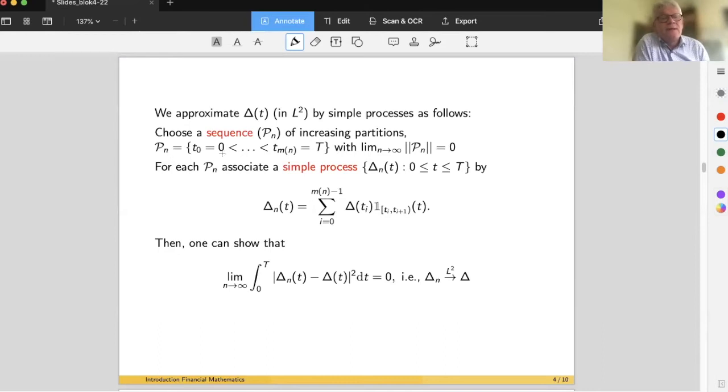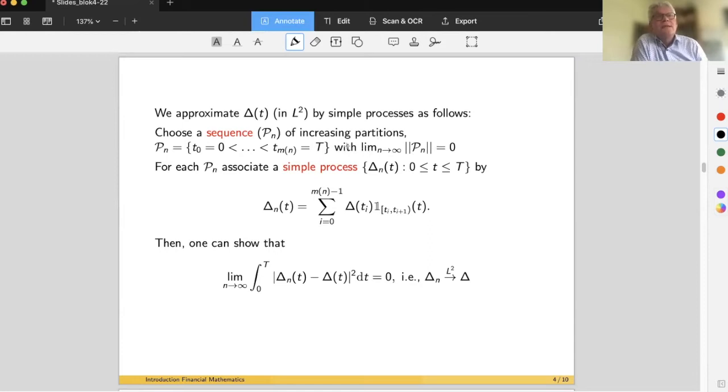So t_0 is equal to 0, less than t_1, etc., up until t_{m_n}, which is equal to capital T. We have these increasing partitions in such a way that we increase the number of points in the interval. If we increase the number of points, then the size of each interval gets smaller and smaller. And in the limit n to infinity, the size of the maximum interval in P_n goes to 0.